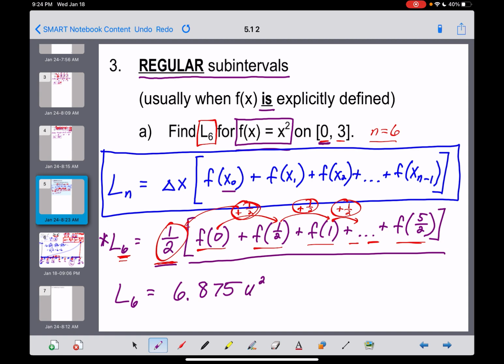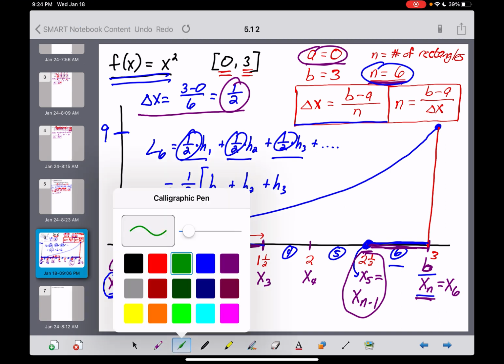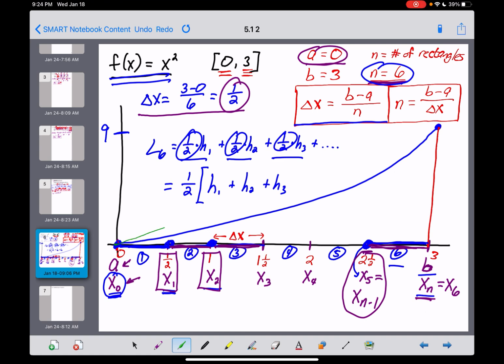Now, before I box that up, let's take a look at what's actually happening right here. We're looking for the area of the region underneath this curve. And if I were to ask you guys, what geometric shape does that seem to most closely mimic? I think everybody's going to tell me it looks like a triangle. So just for fun, let me switch to green and draw one big triangle that looks like this.